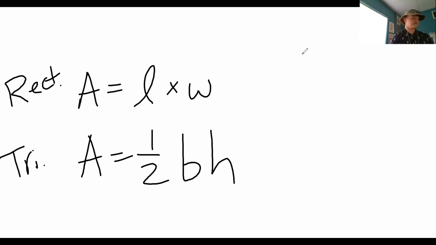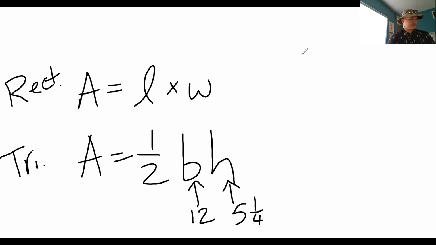Sorry. All right, so let's find the area. They gave us a triangle example. The base of the triangle is 12 inches, so I would plug in 12 for the base. And then the height is 5 1/4 inch.